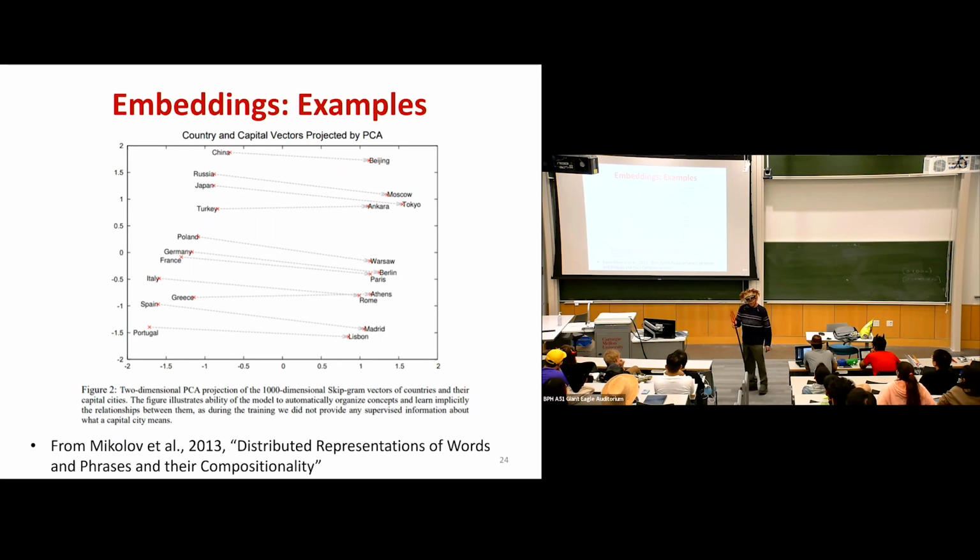So country minus capital seems to be more or less the same or very similar for all of the countries over here. In other words, the projection has successfully learned the relationship of capital. It was not given any external information. This is just from analysis of language.